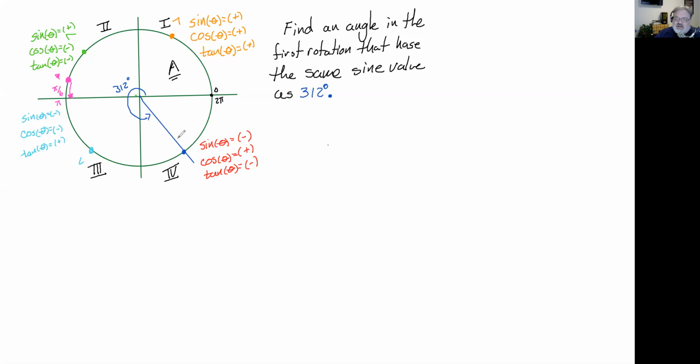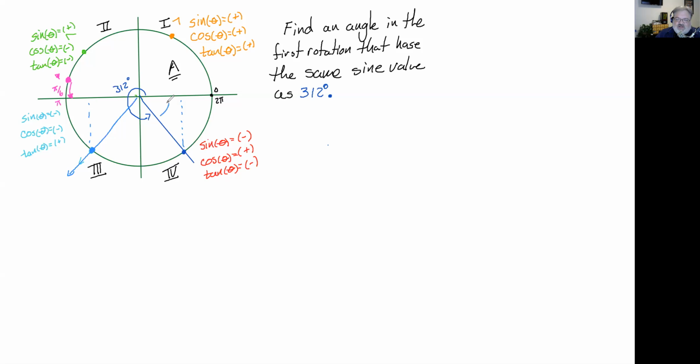We know sine is going to give us a negative ratio because we're in quadrant 4, because the y values are negative. The only other quadrant with negative y values is over here. So it's going to have to be some ray in quadrant 3. And again, this length has to match that length for the ratios to be the same.